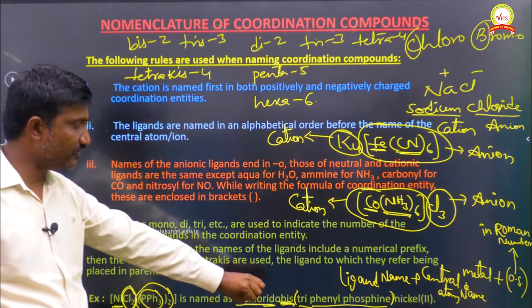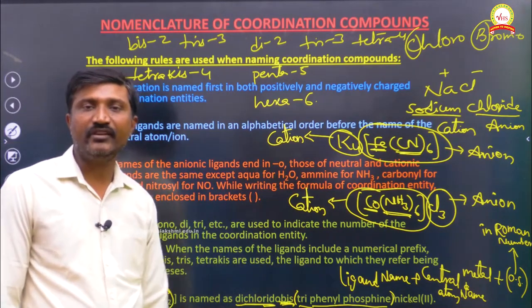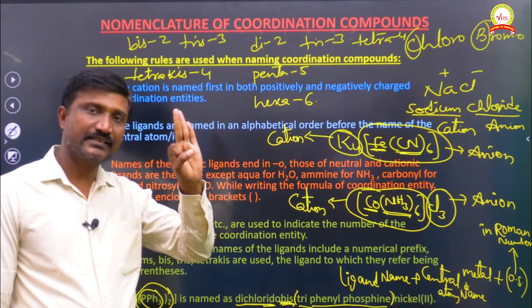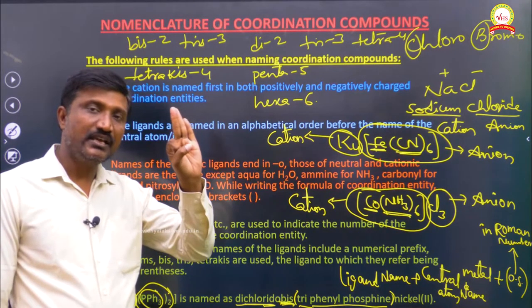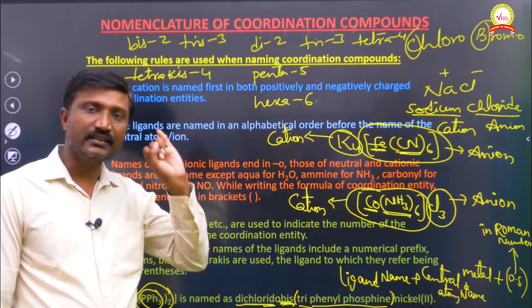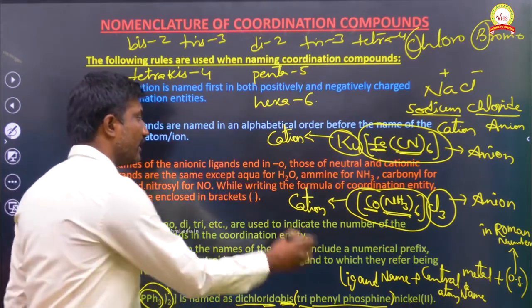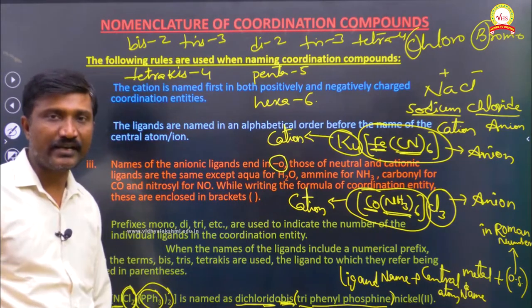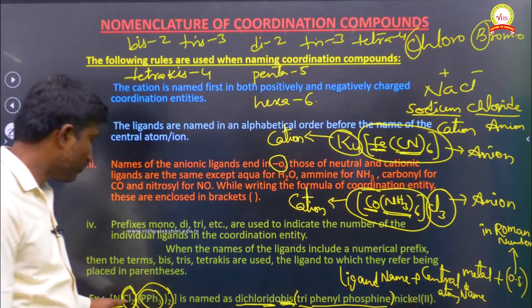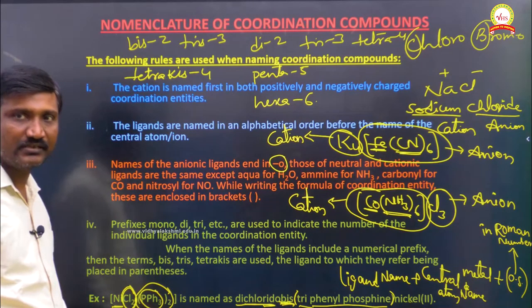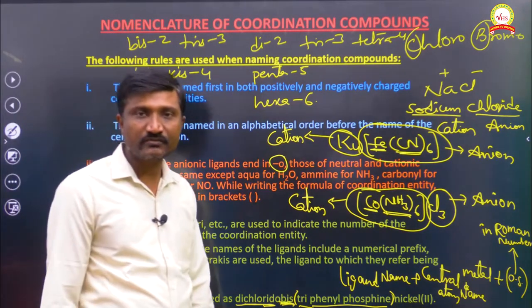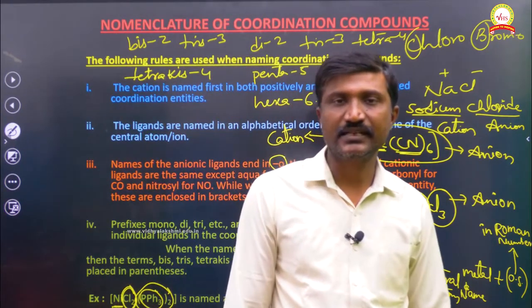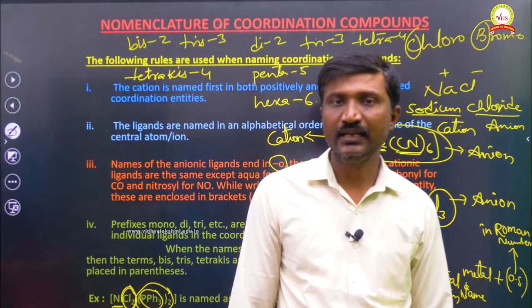During the giving of the name, the ligands may be negative ligands, positive ligands or neutral ligands, right? If negative ligands are there, then the name of that ligand should end with "o". Cl minus, chlorido, right? OH minus, hydroxido, CN minus, cyanido, okay?